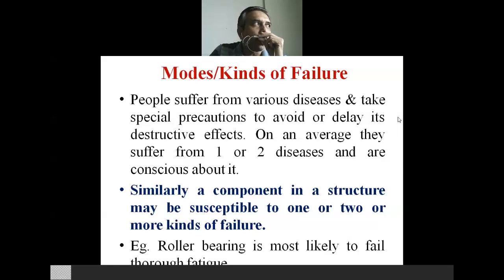Throughout our life, we take care that we are not prone to that disease, or that it does not lead to its critical effect. Similarly, a machine component or a structure is susceptible to one or more kinds of failure.